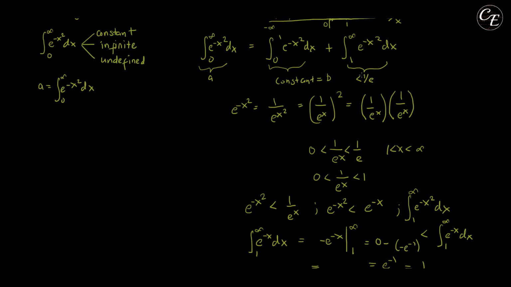Since this one is less than 1 over e, we'll have here less than b plus 1 over e. But since b and 1 over e are constants, their sum should be constant also. Since it is a constant, it is less than infinity. Therefore, a is less than infinity, or a is a constant. Thus, a is a constant.